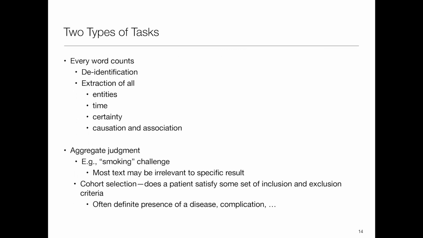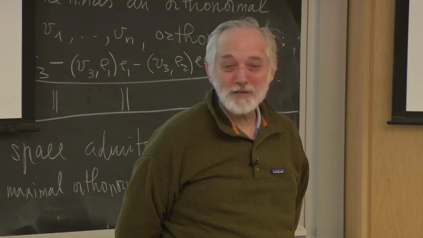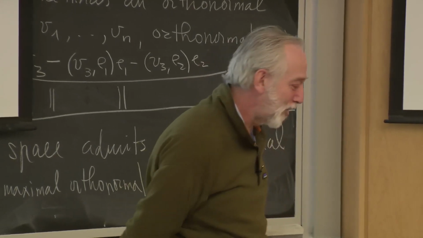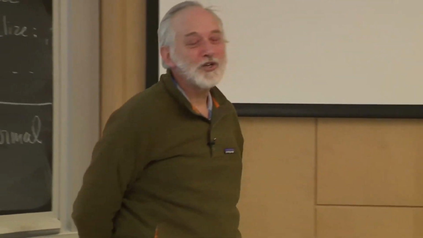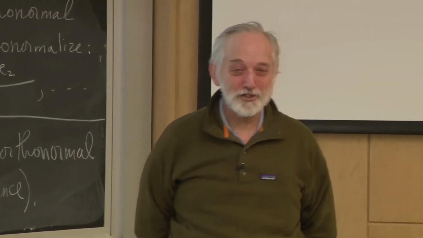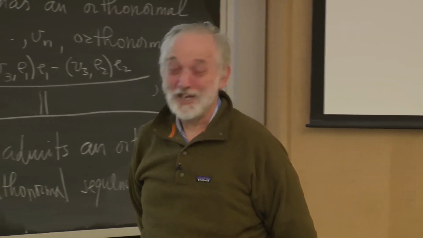Okay. Well, you can imagine that there are certain words that are very helpful, like smoker or tobacco user or something like that. But even those are sometimes misleading. So for example, we saw somebody who happened to be a researcher working on tobacco mosaic virus who was not a smoker.